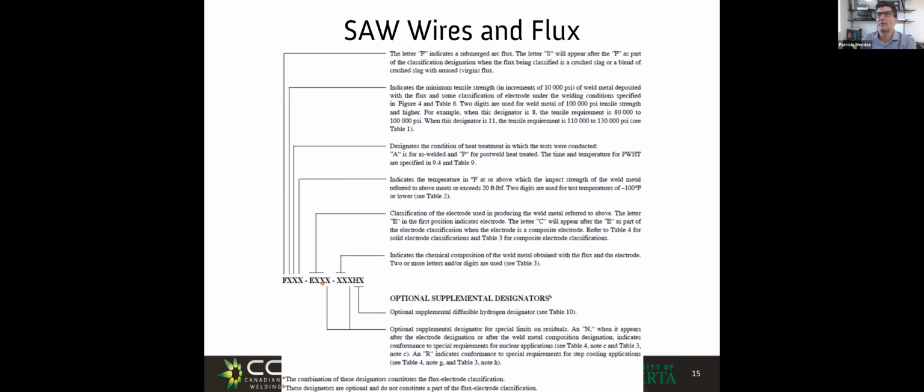It talks about the chemical composition of the electrode. It's not about the strength anymore. And if the electrode was, for example, a metal core wire, it would be an EC type of designation. It's not really consistent with the other things we have seen, right?